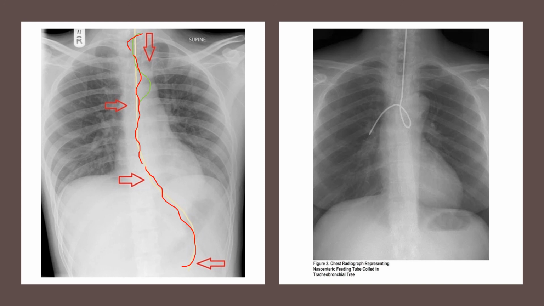Now, if it's transpyloric, which is okay if it's like a Dobhoff, it'll cross over the spinal column. That's okay, right?